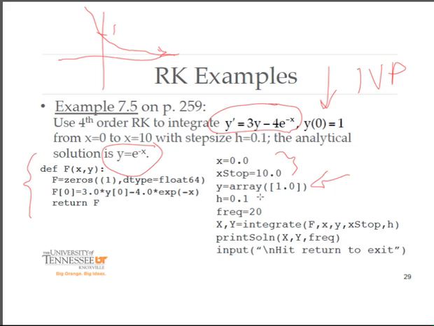Because h is kind of small here and we're integrating to 10, we want to see every 20th result in our output table for our function in x. So we'll set the frequency at 20 and call the integrate function for the Runge-Kutta method. This is using run underscore cut4.py.